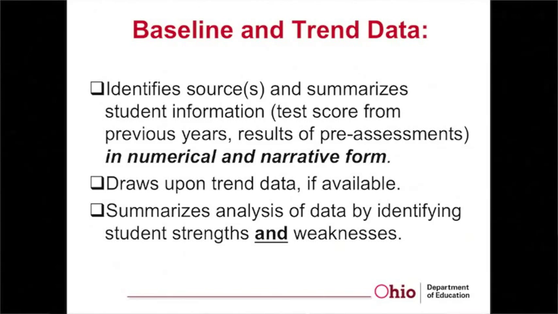So the first section is the baseline and trend data, and these are kind of a summary of the checkboxes on that one-page checklist. Identifies sources of information and summarizes the information. So as a teacher, when you're writing the baseline and trend data, where did you pull your information from? Did you give a pre-assessment, and that's where you have this information?